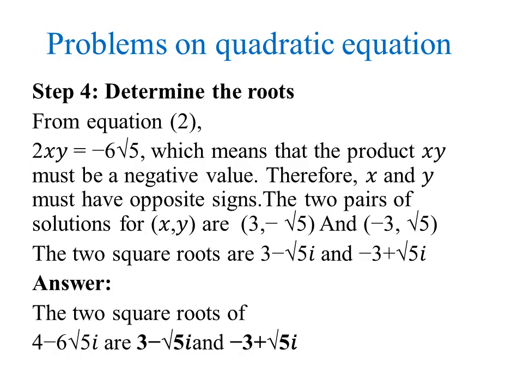The two square roots are 3 minus root 5i and minus 3 plus root 5i. Therefore, the two square roots of 4 minus 6 root 5i are 3 minus root 5i and minus 3 plus root 5i.